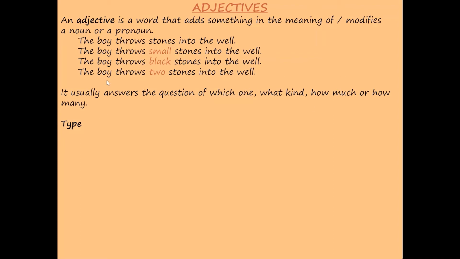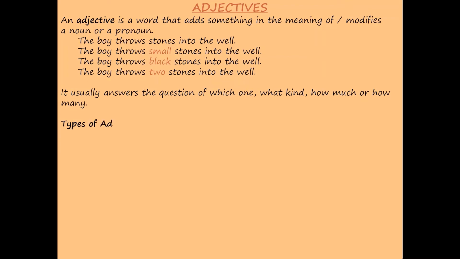And as in the fourth example, if I ask the question, how many stones are there? The answer is two. So two is an adjective. So we can pick up adjectives by using these words, making questions from these words.